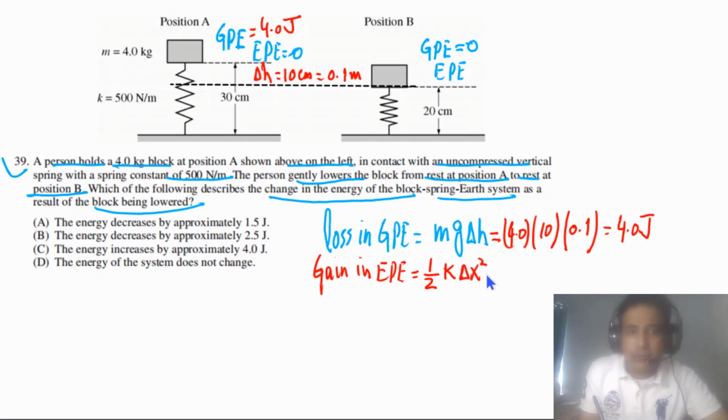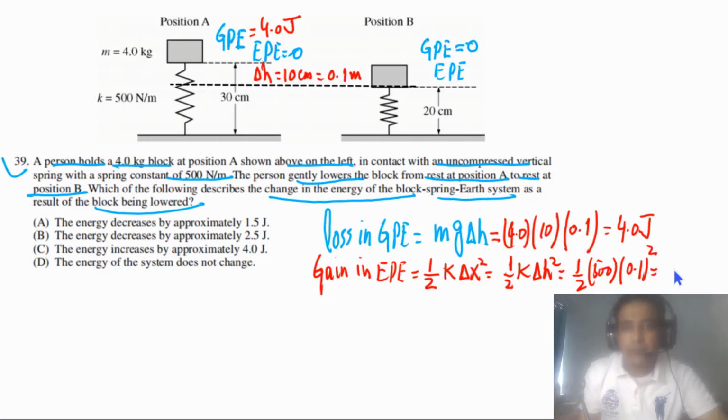But delta X in this case means how much the spring has been compressed, that is equal to delta H. So this is equal to 1/2 K times delta H squared. This much the spring has been compressed. We have the value of K, that is equal to 500, and the value of H, that is 0.1 squared. If we solve this, we will get 2.5 joules.